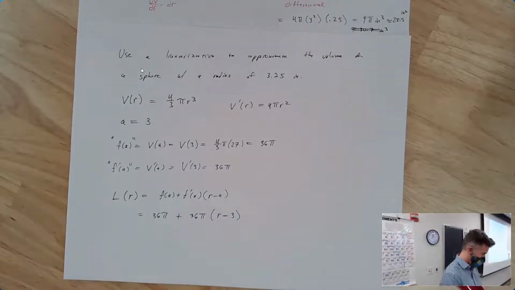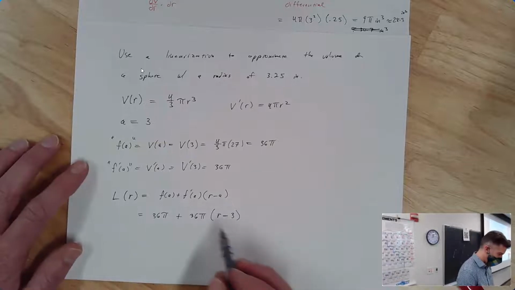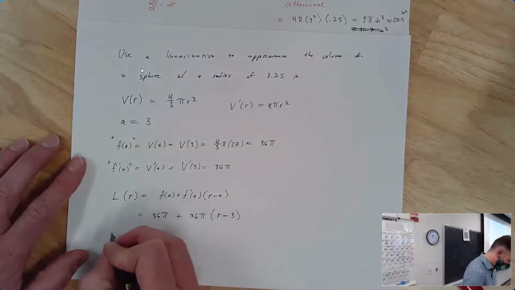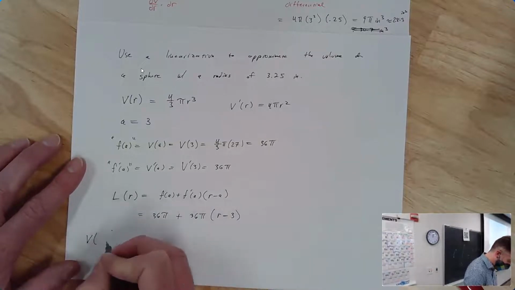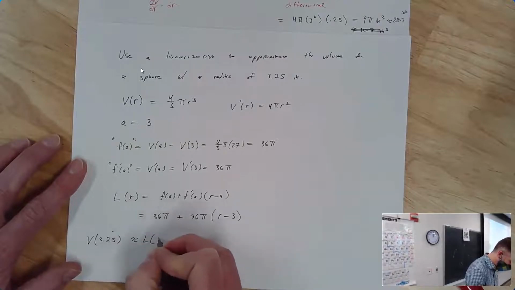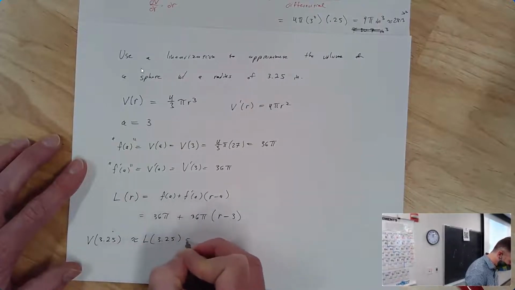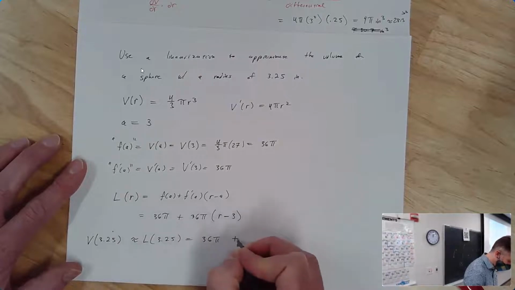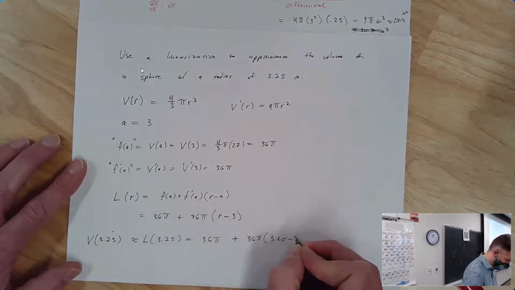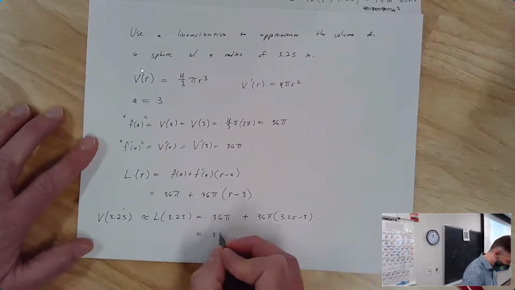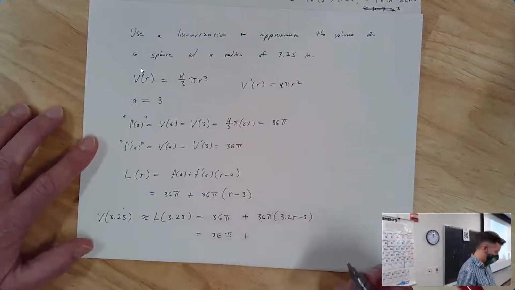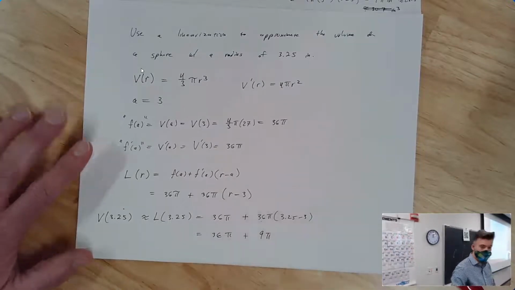So when we calculate this, we get that the volume at 3 1/4 inches is approximately the linearization at 3 1/4 inches, which is going to be 36 pi plus 36 pi times 3.25 minus 3, which is 36 pi plus 36 times 1/4 is 9. So 9 pi.